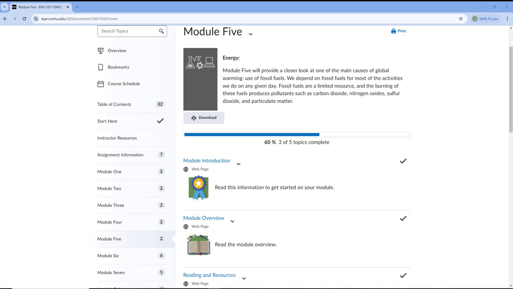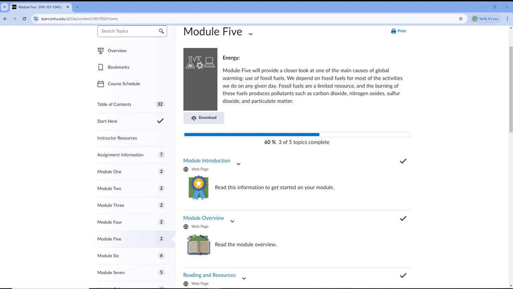So we're going to jump into Module 5 this week. In Module 5, we're going to look at energy. As our population continues to grow, we need to look for ways to provide enough energy to support this growing population.